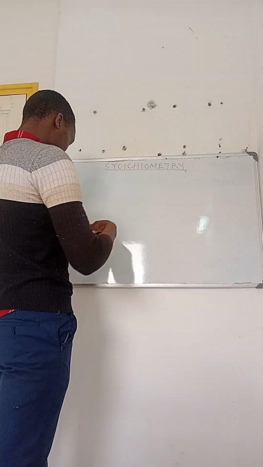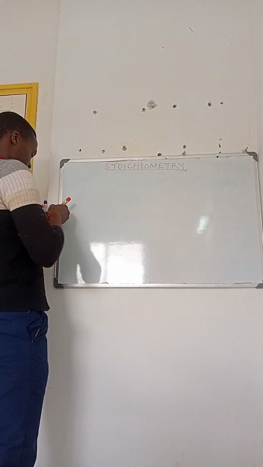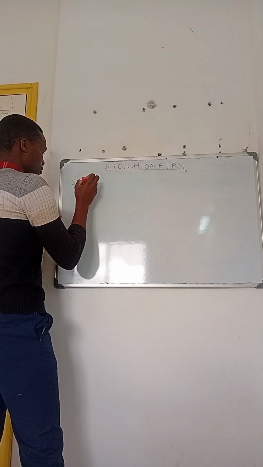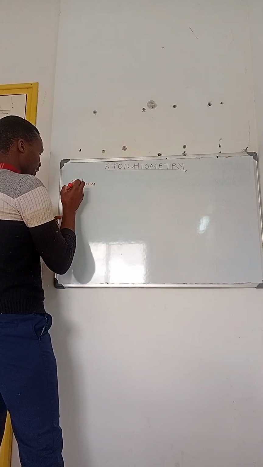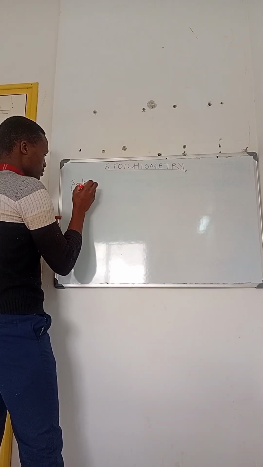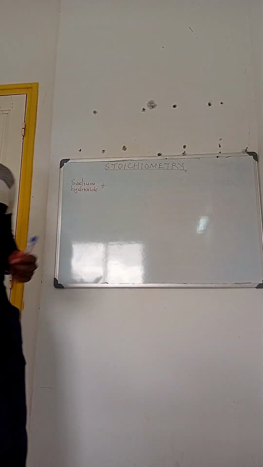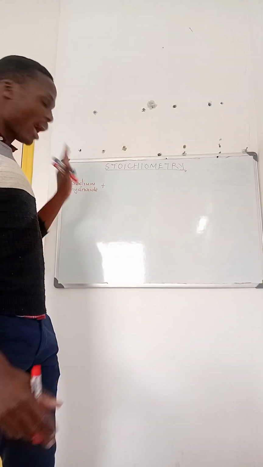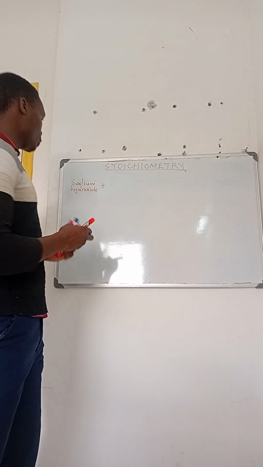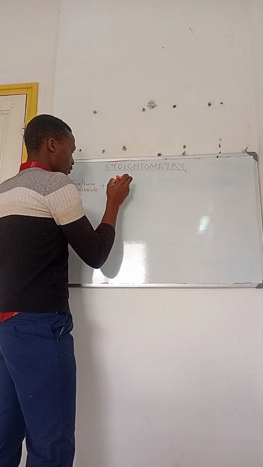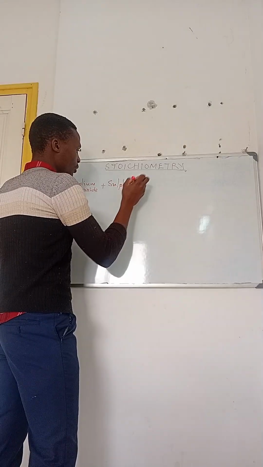So let's say we are reacting sodium hydroxide plus, so sodium hydroxide is our base. Okay, so we can have sulfuric acid, which is one of the acids.